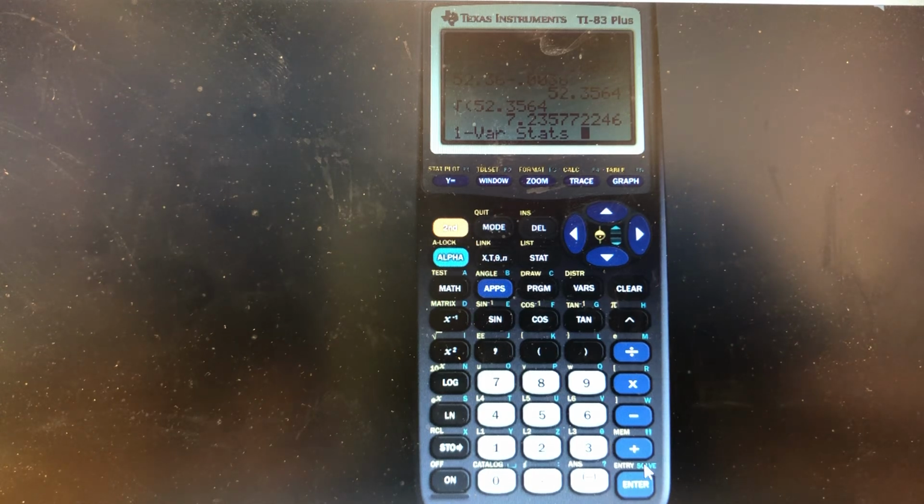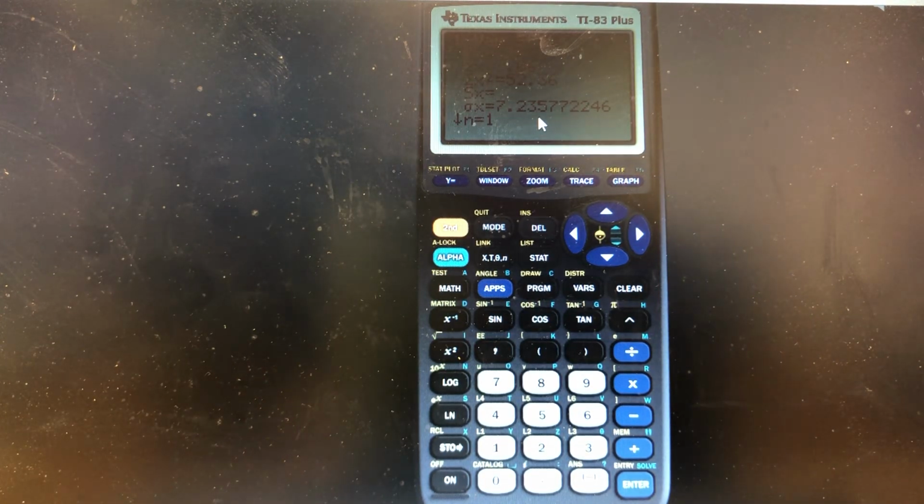Now, 1-Var Stats is meant for one list of data, so if I press enter right now, it'll only do the L1s. But if I tell it L1 comma L2, it combines them. And the mean should be negative 0.06, and the standard deviation was 7.236. See, there's the mean of negative 0.06, and there's the standard deviation of 7.236. So you could do that too if you wanted.